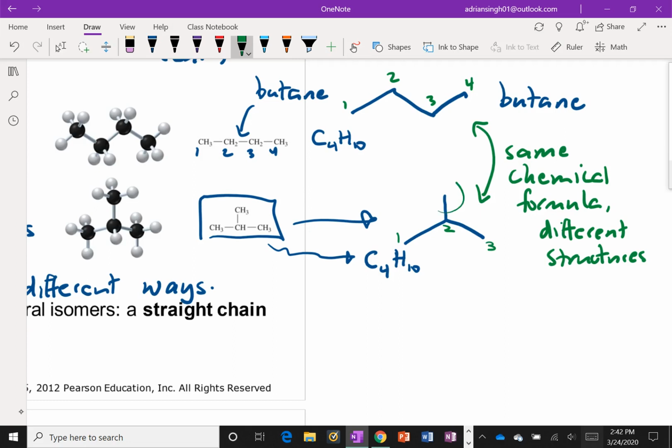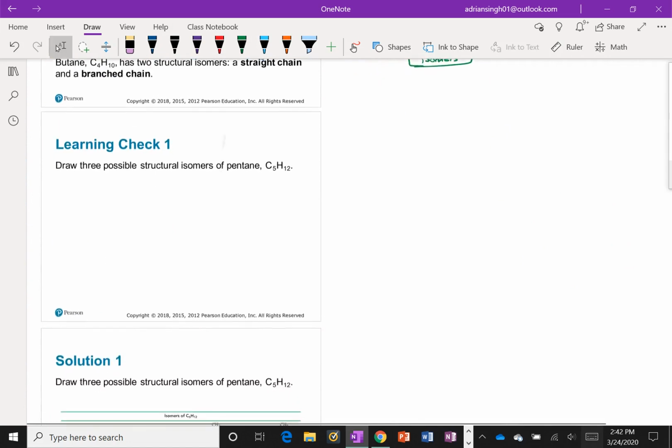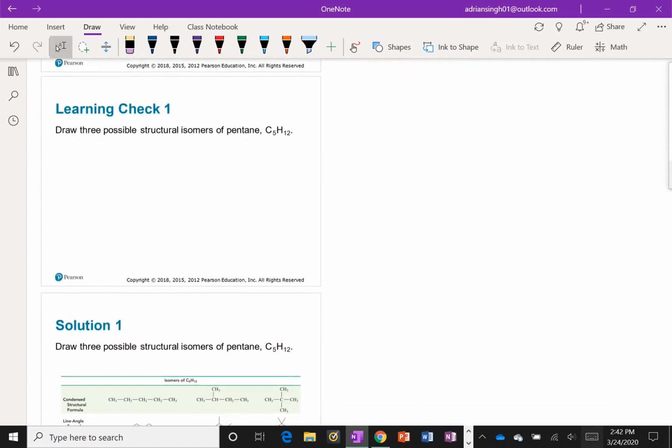And then we have this one here, another carbon sticking out from that central carbon. Right, so these two would be examples of structural isomers. Same chemical formulas, but different structures. So let's take a look at how we can draw some other structural isomers.